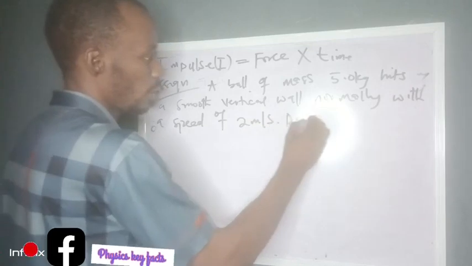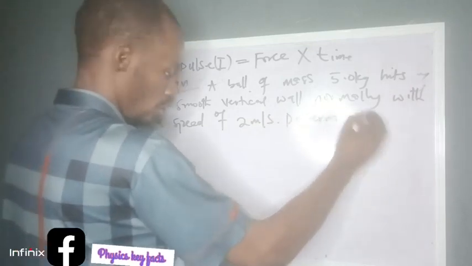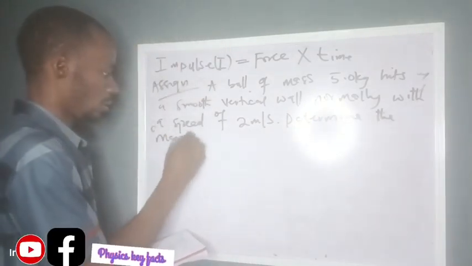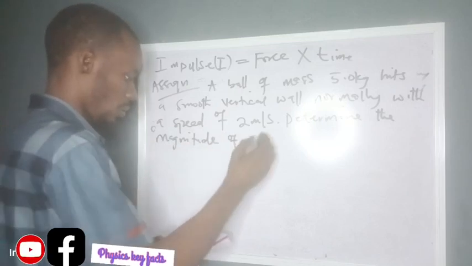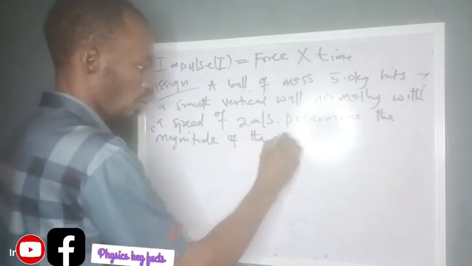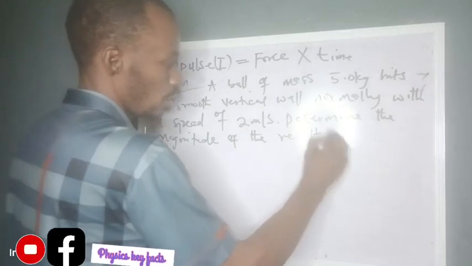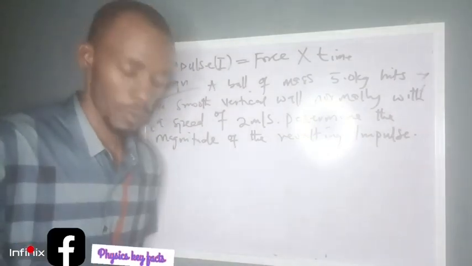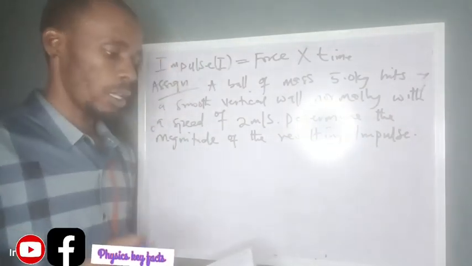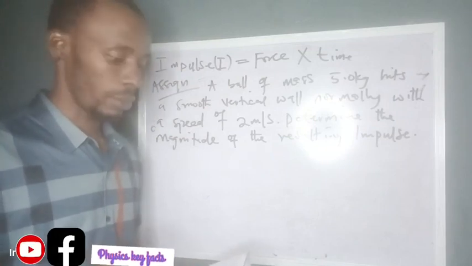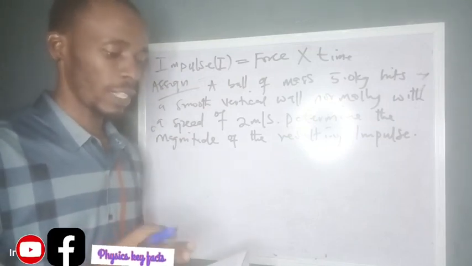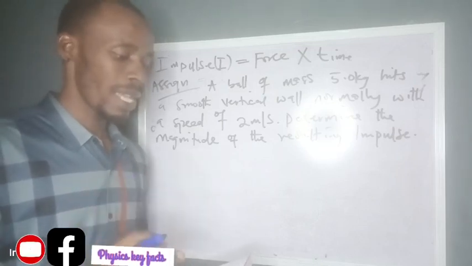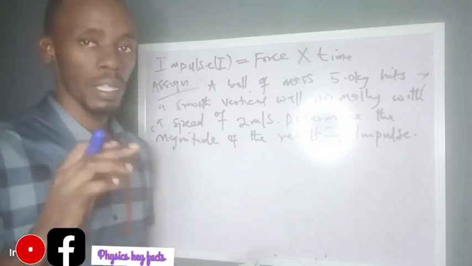Determine the magnitude of the resulting impulse. So let me read it out in case you are unable to get it from the board. A ball of mass 5.0 kilograms hits a smooth vertical wall normally with a speed of 2 meters per second. Determine the magnitude of the resulting impulse.